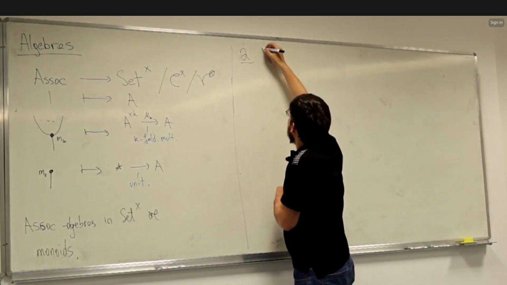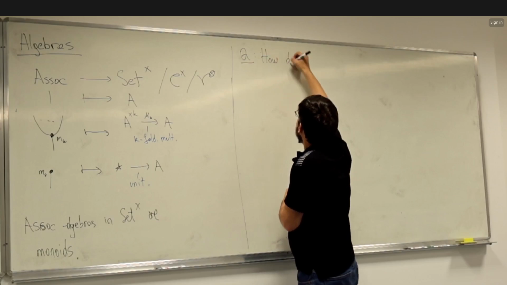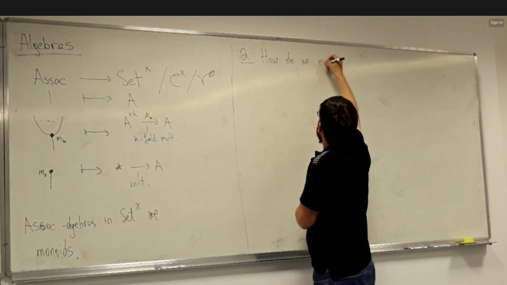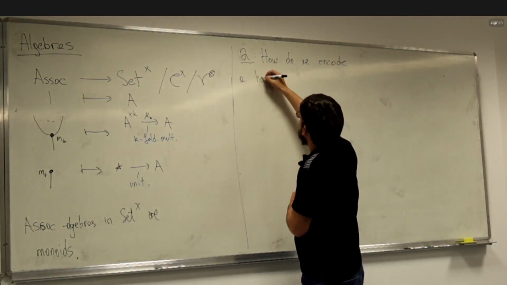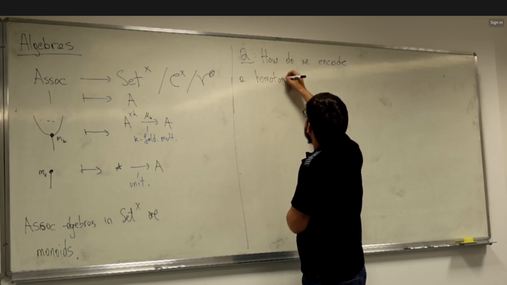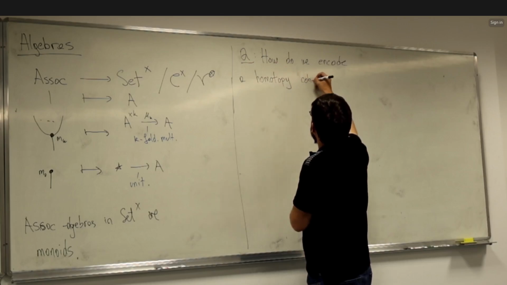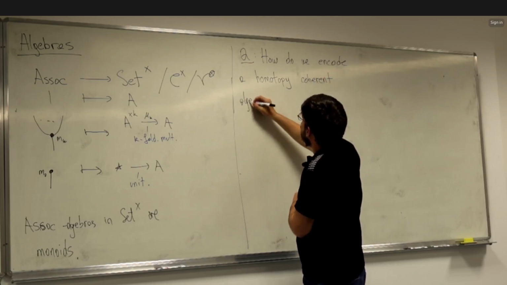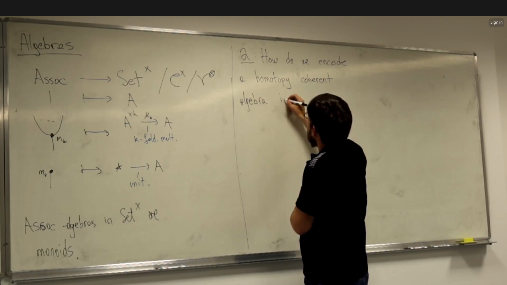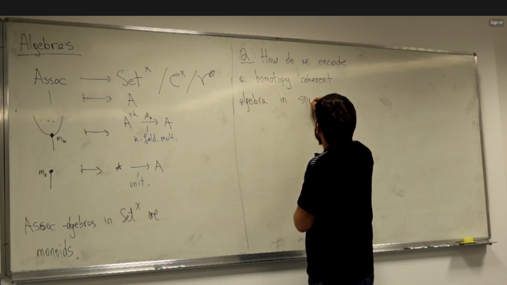So how do we encode homotopy coherent algebra, say, in spaces?